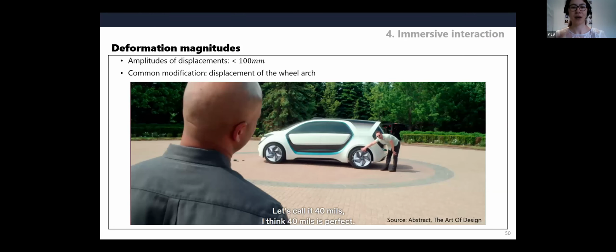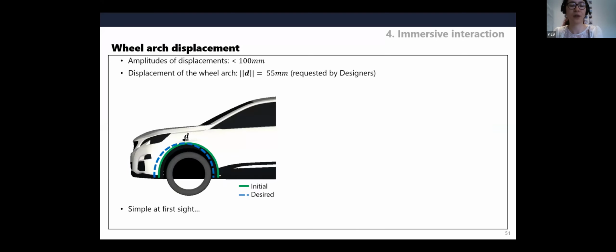Thank you. Just before launching the video, this video is about the displacement of a wheel arch. This is a deformation that we saw in a real design review example, and I wanted to give some precision about the deformation amplitudes, because usually it's below 100 millimeters, since in design reviews the goal is to improve the current design and not to change the models drastically.